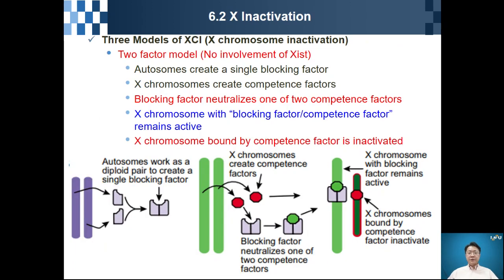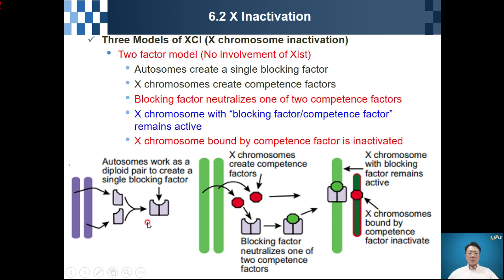The third model of X chromosome inactivation we call the two-factor model. In this model too, there is no involvement of cis non-coding RNAs. Let me start the two-factor model.